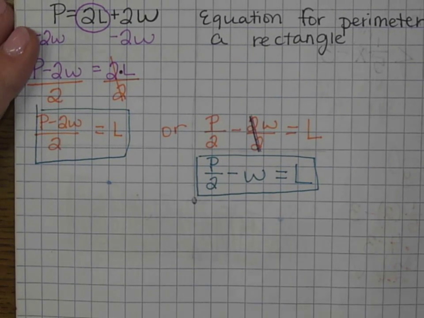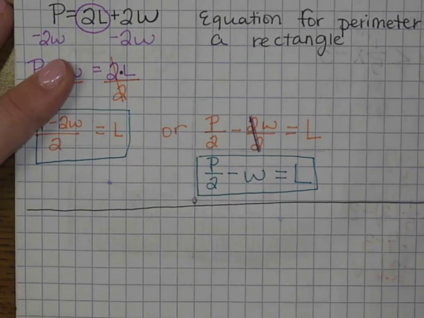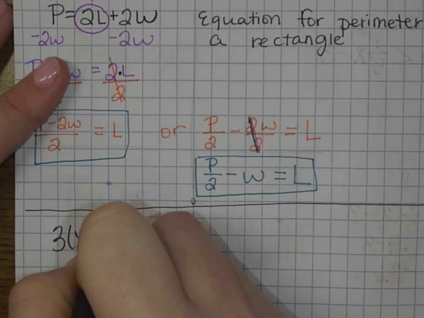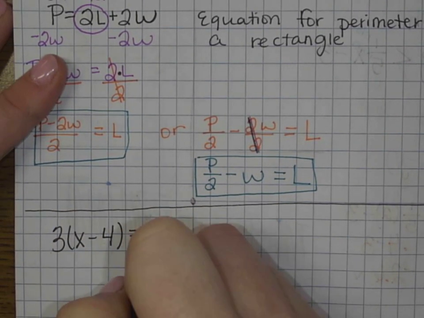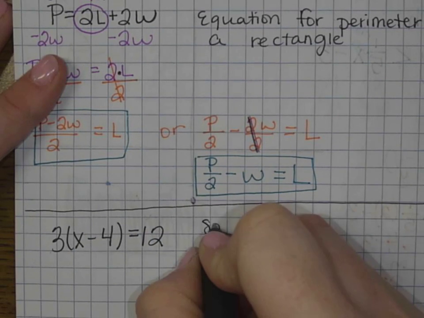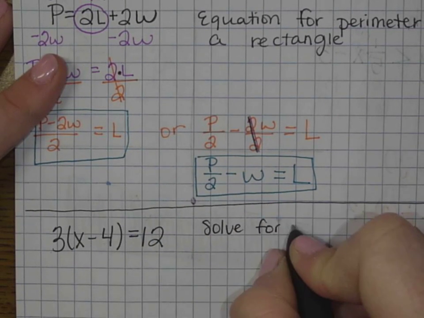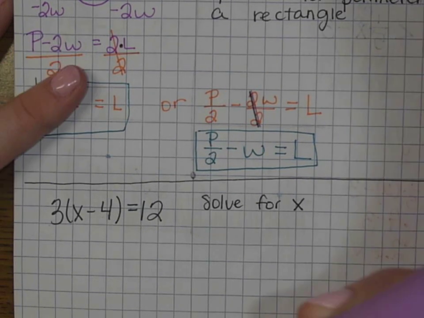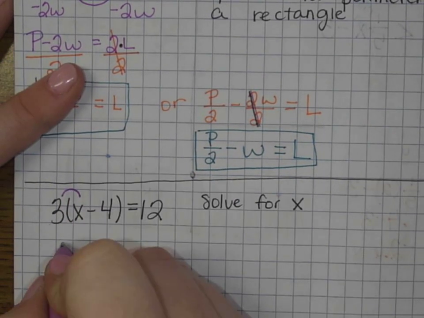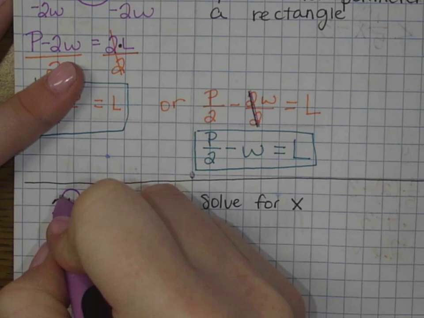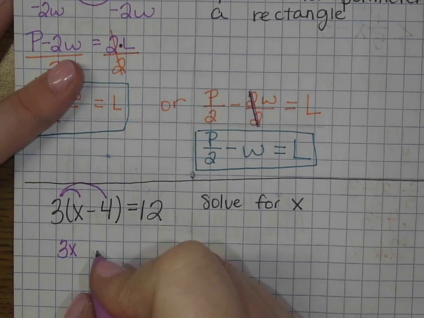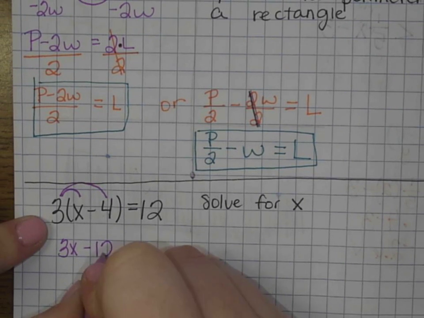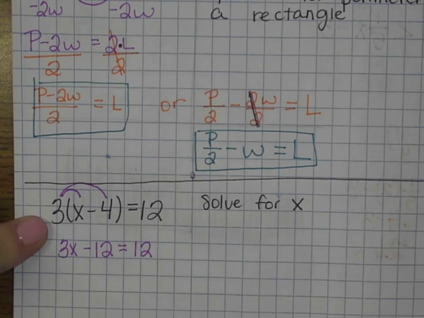Okay, let's do another example. So let's say I had 3x minus 4 equals 12, and I said solve for x. So multiply out 3x, 3 times negative 4 would be negative 12, equals 12.